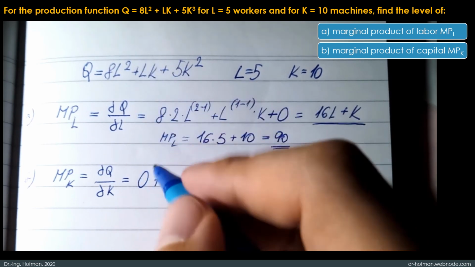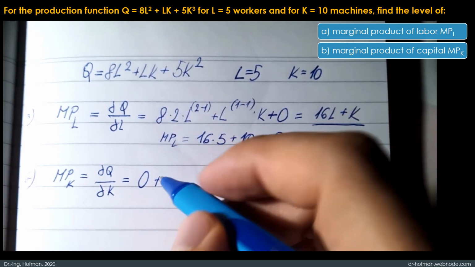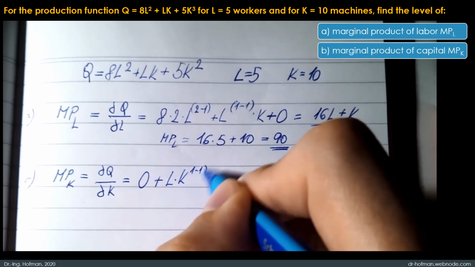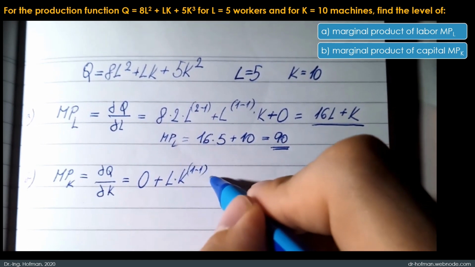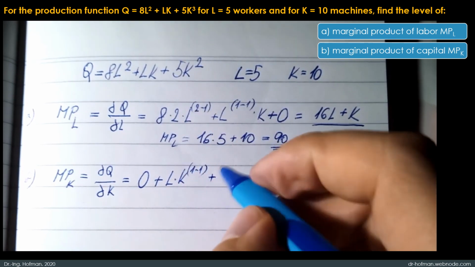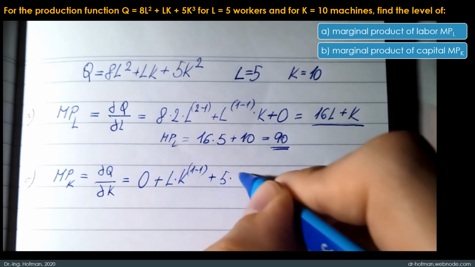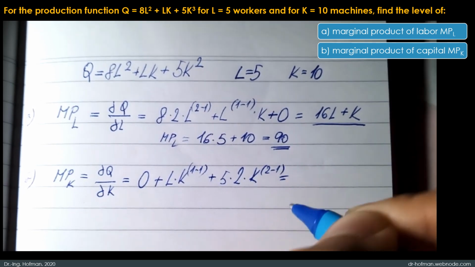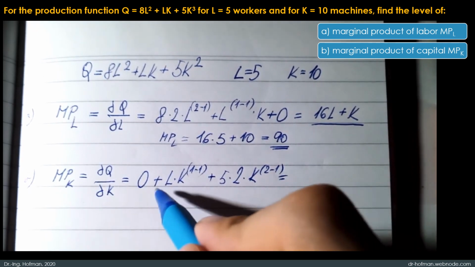From LK it's L times K to the 1 minus 1, and from 5K squared it's 5 times 2 times K to the 2 minus 1.